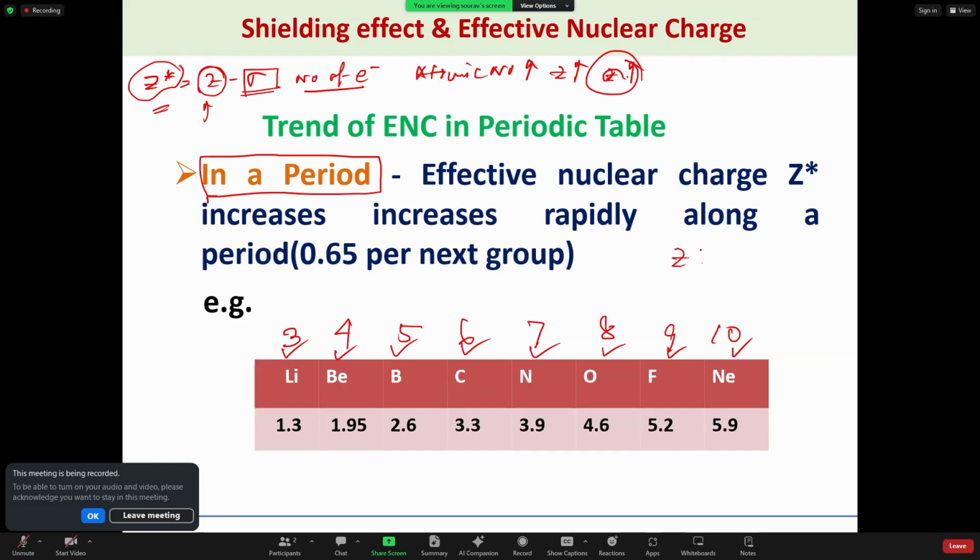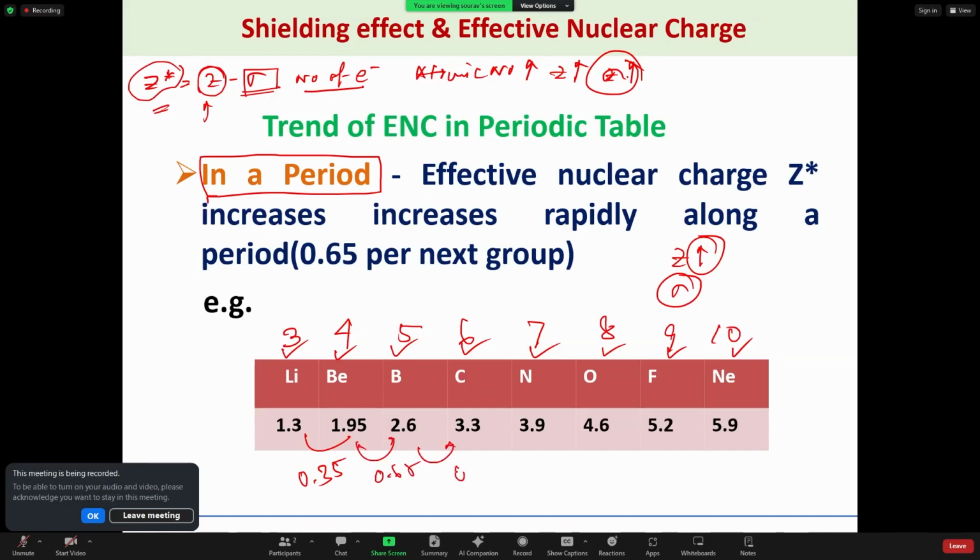That means this Z value is also increasing. But you have to know whether the sigma value is increasing with the same strength. If the sigma value is increasing with the same strength, then the Z star will be similar. But here, if you see, there is a huge change in this Z star value. Between these, the change is 0.35, and this is also a huge change, this is also a 0.65 change.